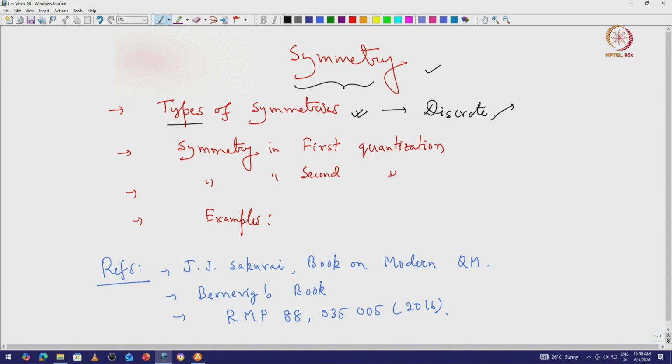In the discrete again there will be two types, which will be space time and internal symmetry, and also there will be unitary and anti-unitary.